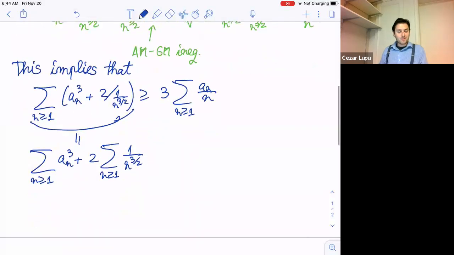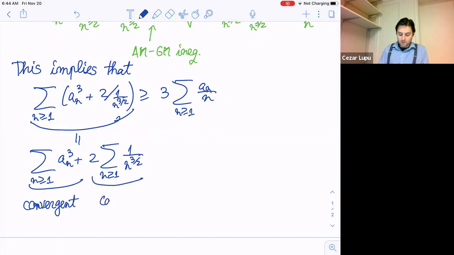Perfect. Now it's quite clear what to do, what to see. This is convergent. And this guy here is also convergent, right? A harmonic series with exponent greater than 1, 3 halves is greater than 1.